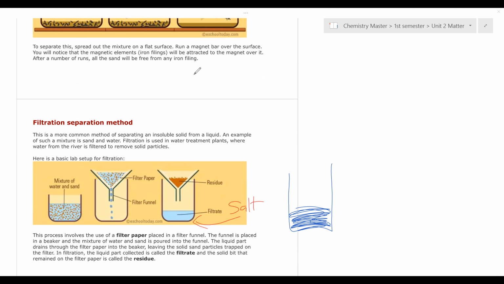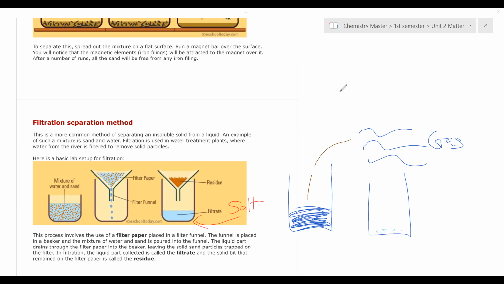What eventually happens to that water? It evaporates. It's going to turn into a gas, okay? And then if I do that, guess what's going to be left behind? Salt. Salt is going to be left behind, okay?